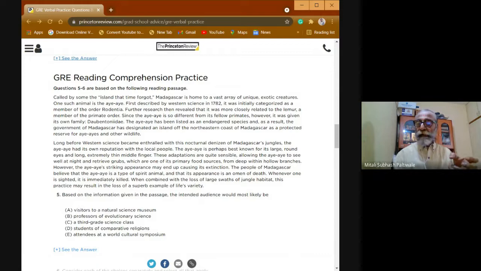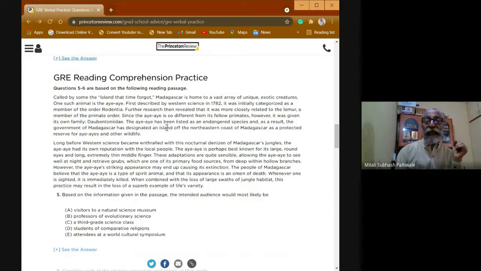But when they compared it to the lemur or to the Rodentian species, it was something different from its species. However, because it was different from those two, it was given its own family, named Daubentoniidae.